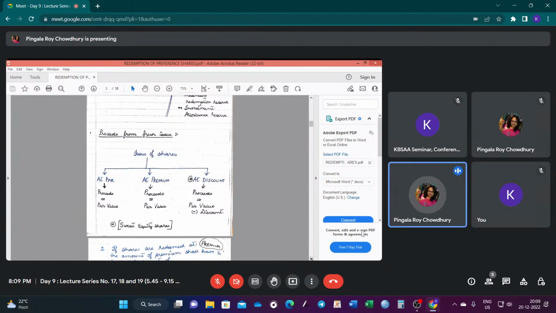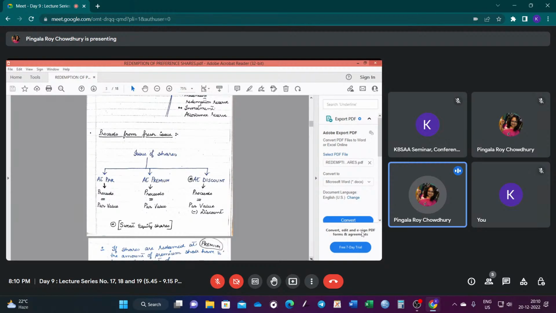So, if you are issuing equity shares at par, then you can utilize the proceeds from fresh issue. So what will be considered as proceeds? Say for example, if two equity shares are issued at the rate of rupees 10, you are getting rupees 20. So 20 rupees is your proceeds.